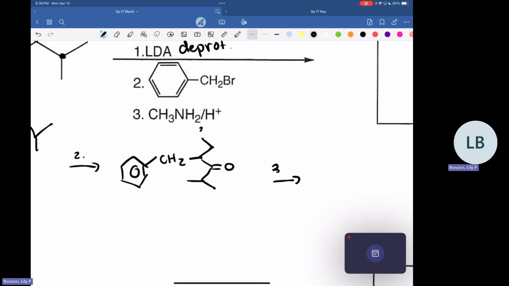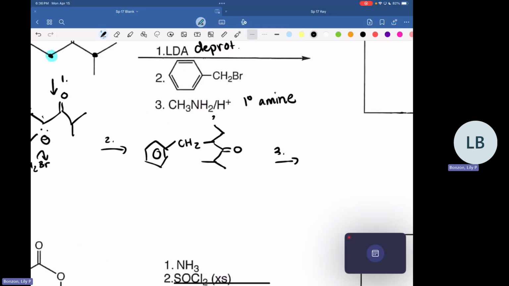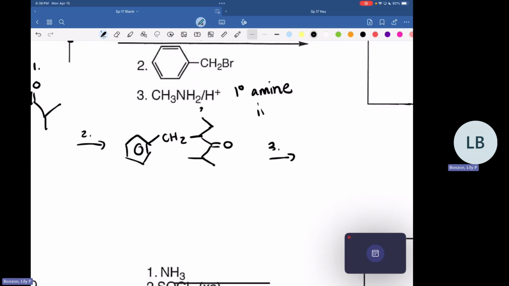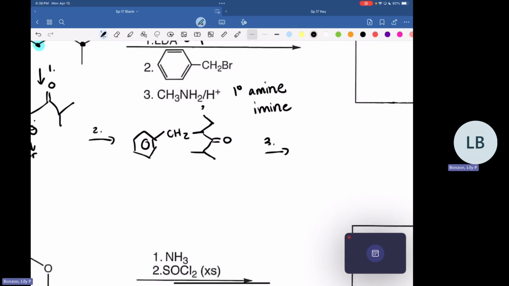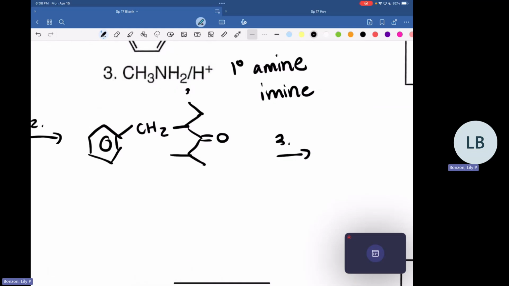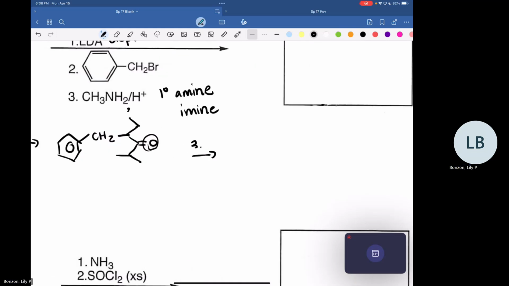All right, and now we've got a primary amine. So whenever we have a primary amine, H plus, and a ketone, this is going to form an imine. For this one, it's going to form a double bond to the nitrogen, just where the oxygen is. So I like to just redraw the structure.